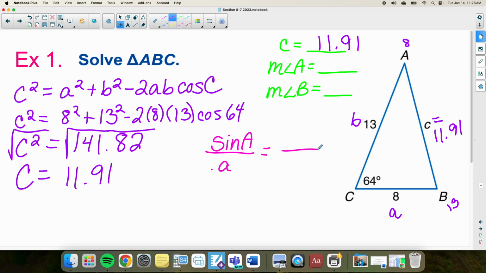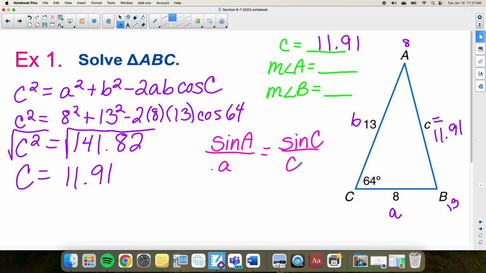And then you're always going to have an angle and a side: sine of c and little c, or whichever side you found there, that is the other angle and side that you're going to use. So you find the smaller of the two angles, you use the angle and its opposite side to find that.